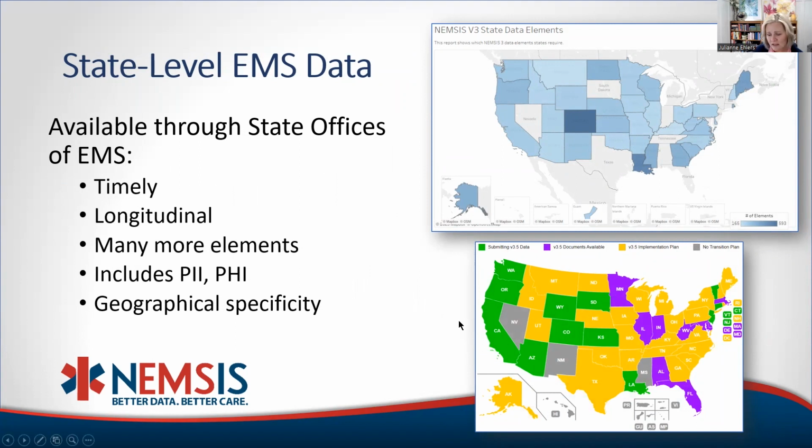If there's a state that you want specific data for, you can click on that state, and it'll show you the contact information for that State Office of EMS. That's where you would need to go if you wanted a specific zip code, county, region, city, or anything very state specific.